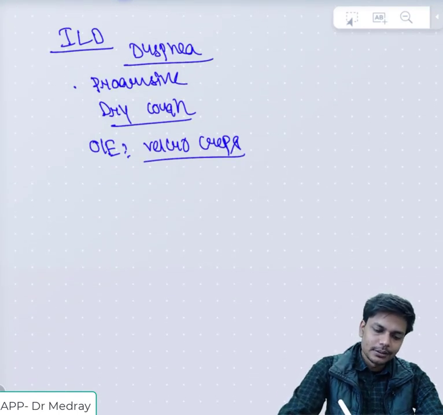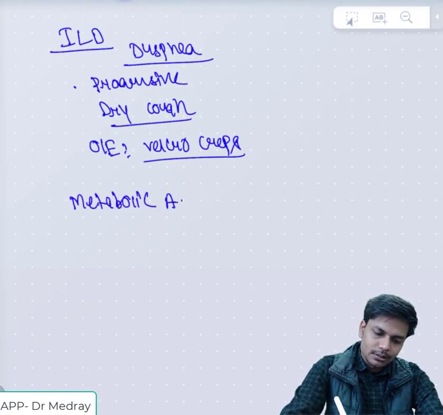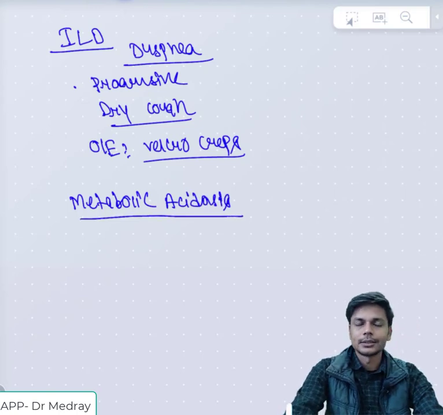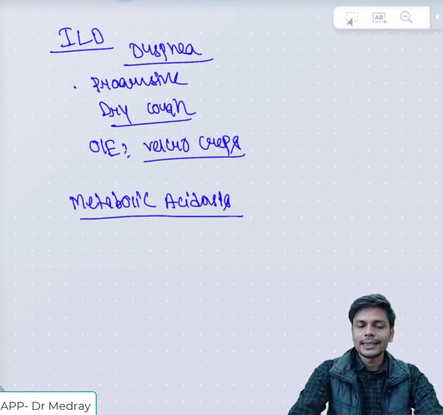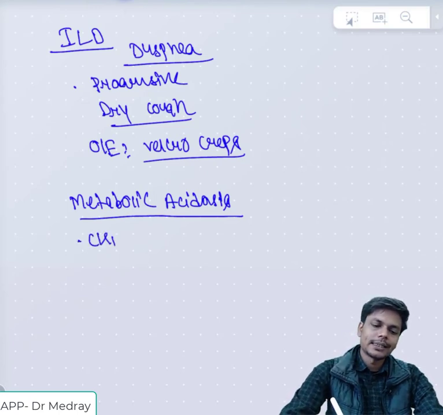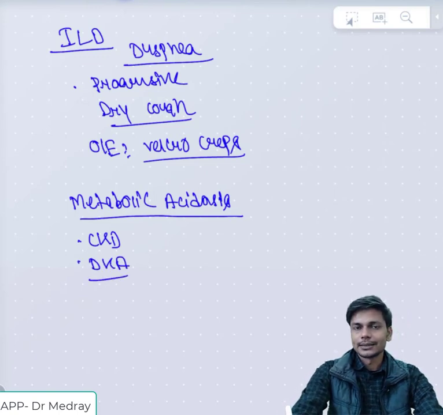Dyspnea in a patient of metabolic acidosis. What can cause metabolic acidosis? Chronic kidney disease, diabetic ketoacidosis can cause metabolic acidosis.